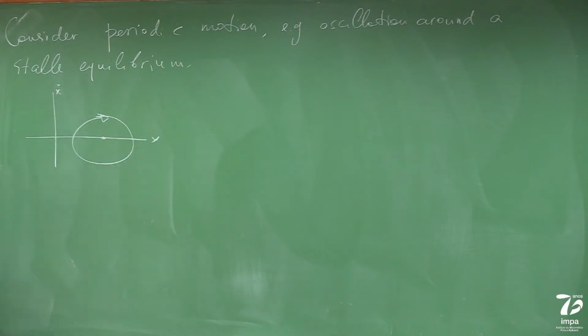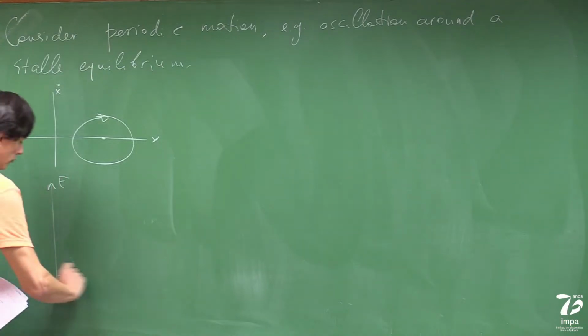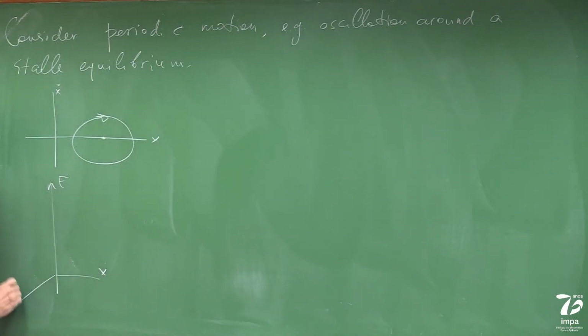So there is a closed curve. We know that it's very natural to have a closed curve, even if we are not that close to equilibrium, because this curve is a cross section of the energy surface. So in general, you have energy, which depends on velocity and position.